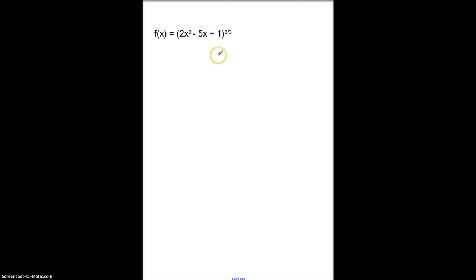Now, what if we have this funky power here? Same thing, my inner function. So when I take f prime, okay, I bring the power down, so it's 2/3 times 2x squared minus 5x plus 1. Reduce the power by 1, so this becomes negative 1/3. Take the derivative of the inside. 2x squared minus 5x.